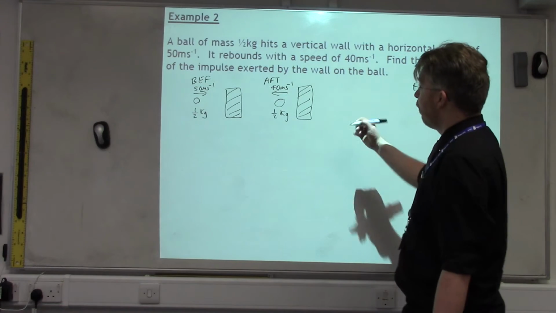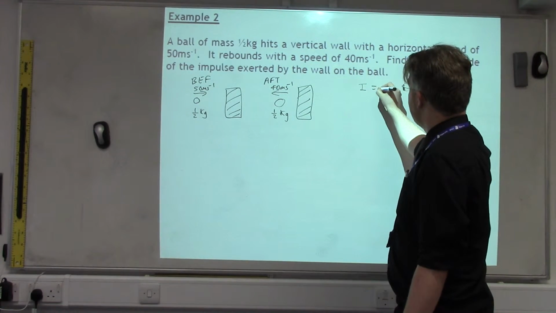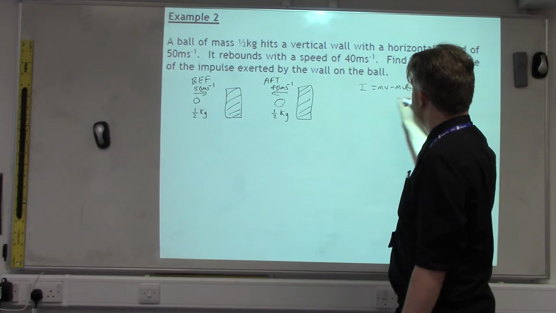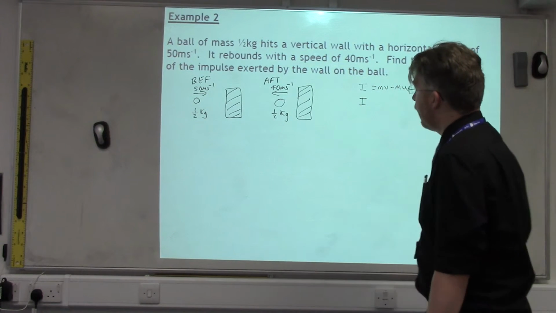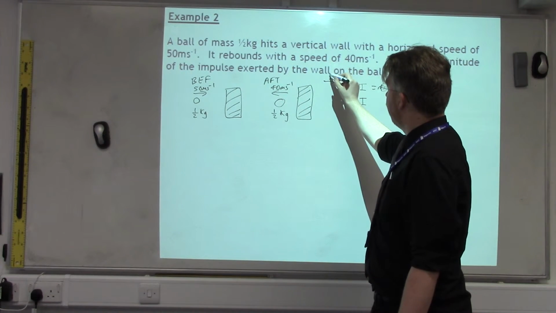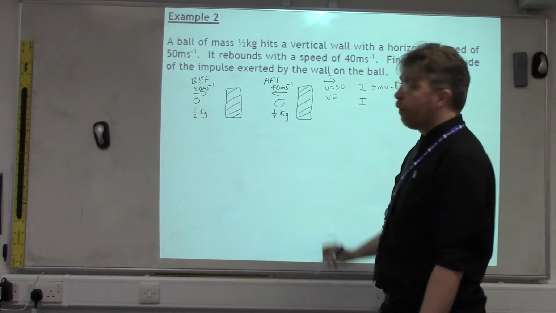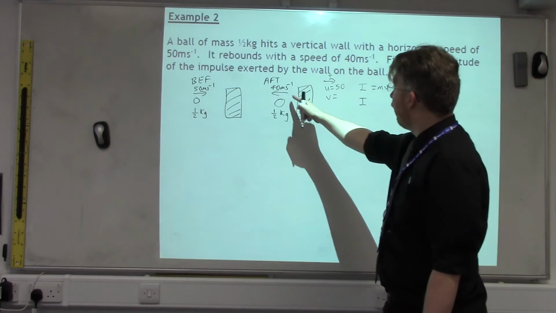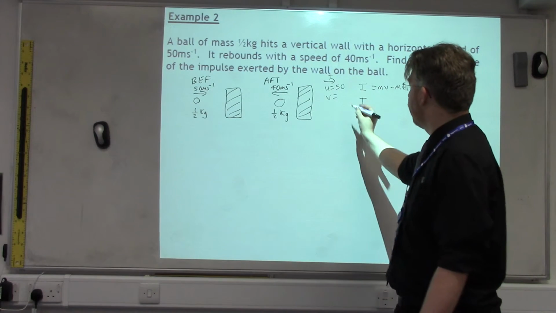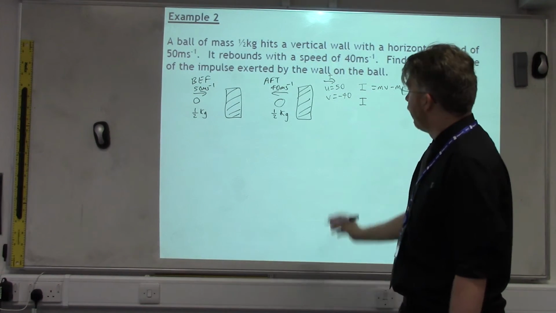So in this case, we haven't got anything about force and time, so we're using impulse equals change in momentum. Now we have to be careful here, because if we're making right positive, then u is equal to 50. Now u and v are velocities, not speeds, so the fact that the 40 is going to the left is important, so that makes v minus 40.